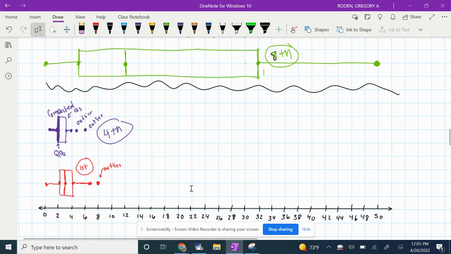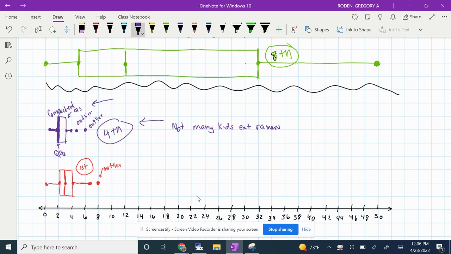If I had to make a generalization, just looking at these, the first thing I would say as an observation is not many kids in this class like ramen, because this data is compacted way over on the left side of the number line. Not many kids eat ramen.